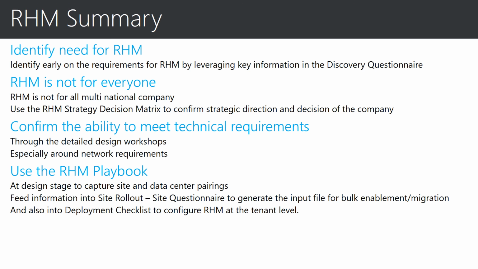This way, the bulk enablement or migration input file or CSV will include the PDL information to support RHM implementation right off the bat.